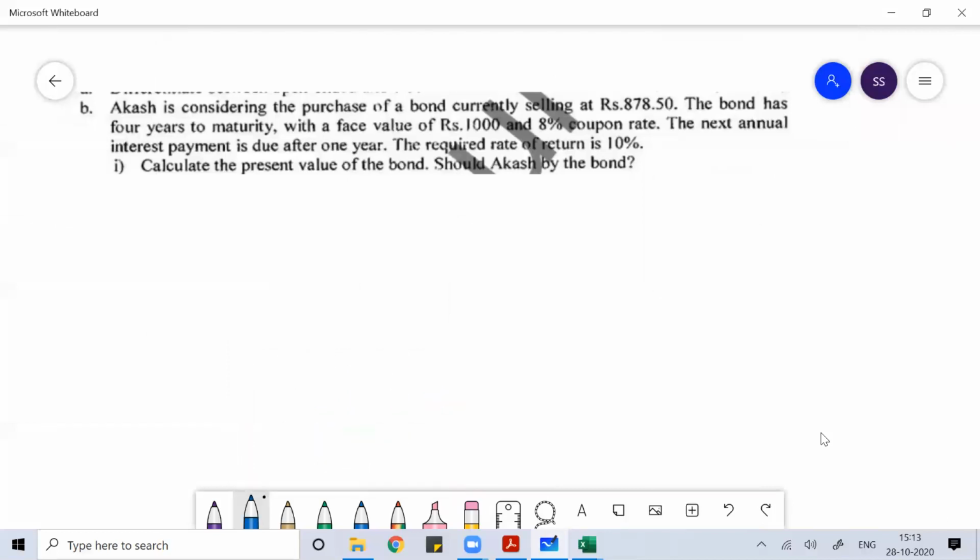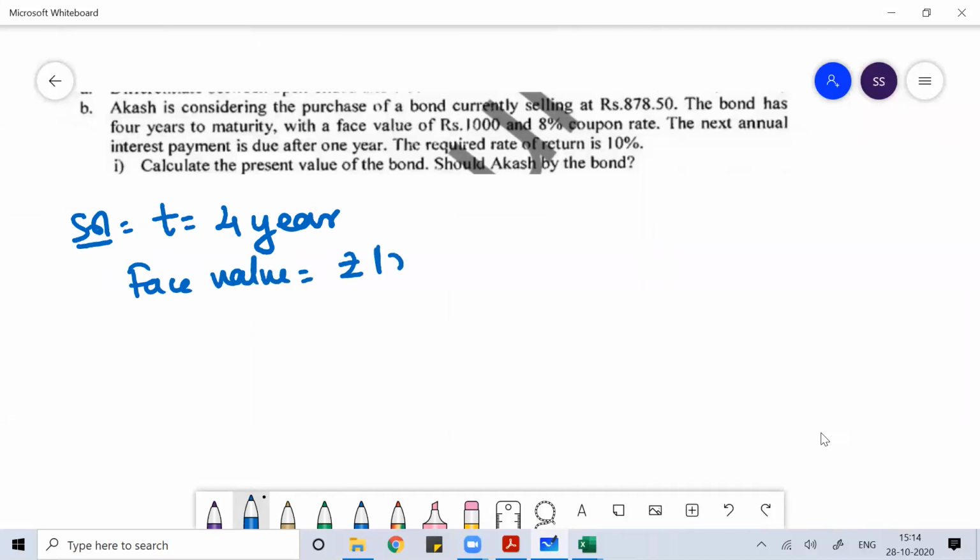Akash is currently considering the purchase of a bond currently selling at this price. The bond has 4 years to maturity, with a face value of 1,000 rupees and an 8% coupon rate.